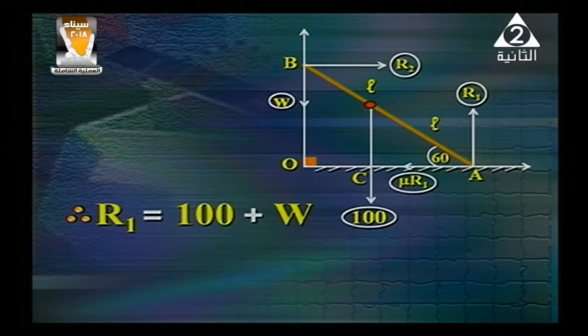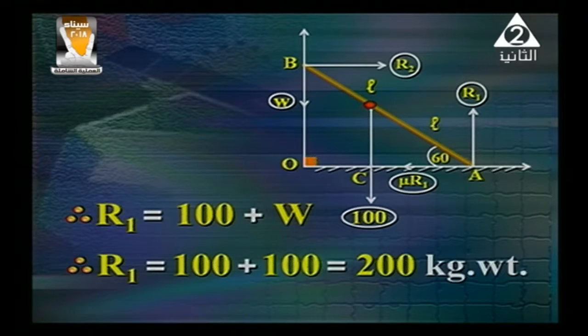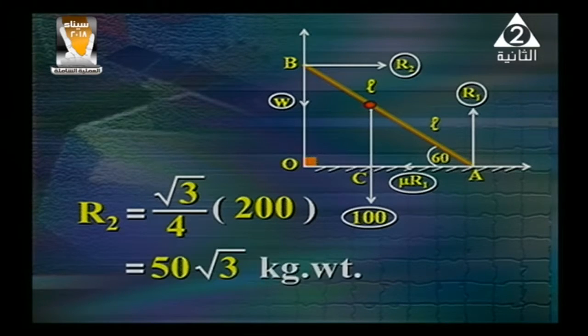Then R1 equals 100 plus W, so R1 equals 200 kilogram weight. Also R2 equals root 3 over 4 times 200 equals 50 root 3 kilogram weight.